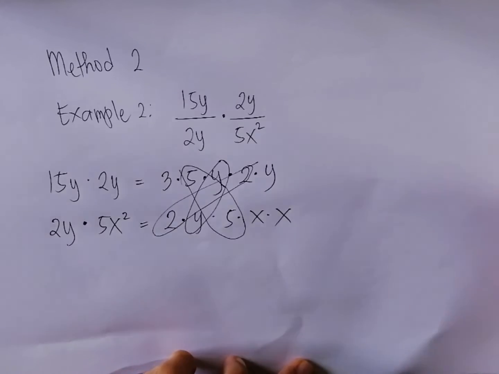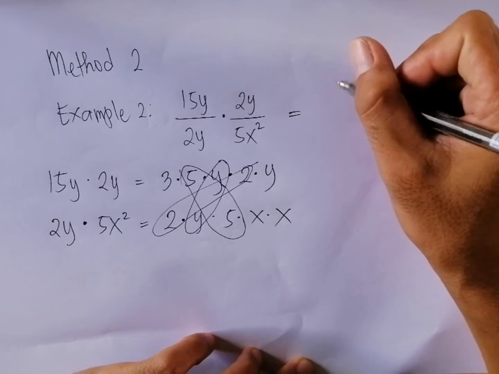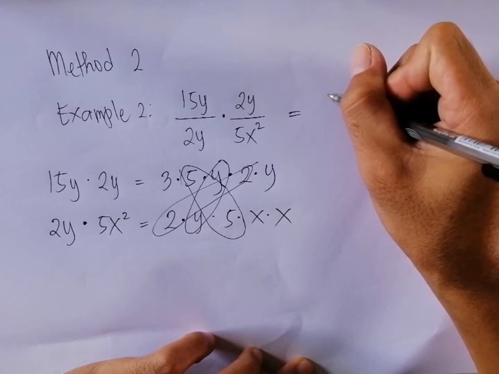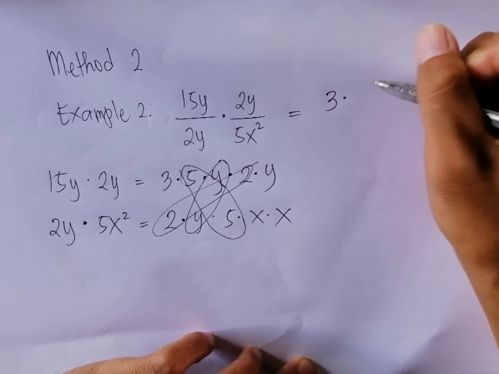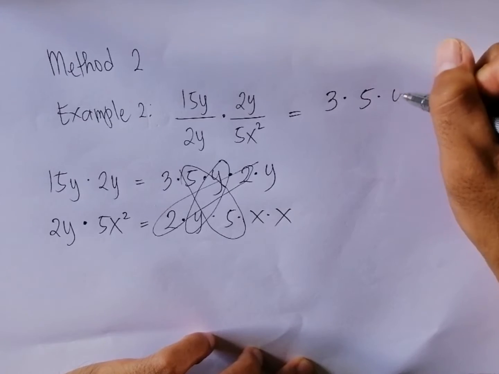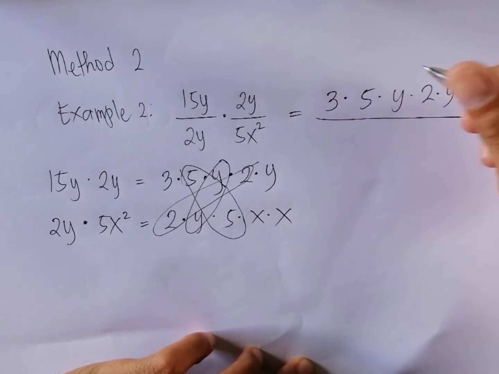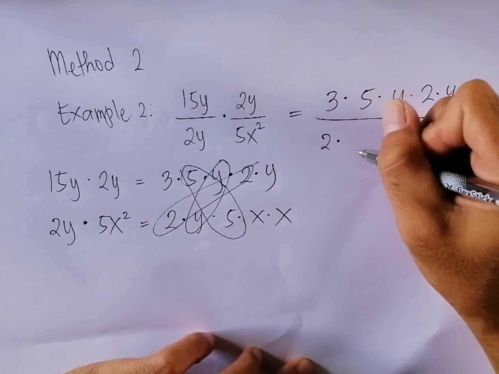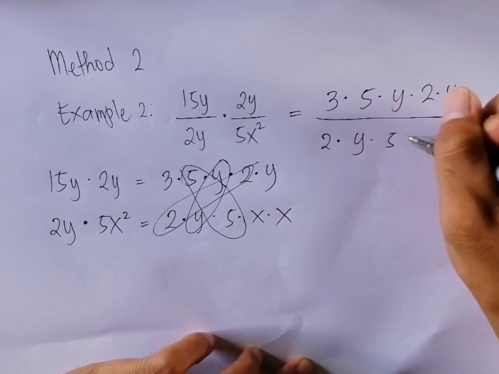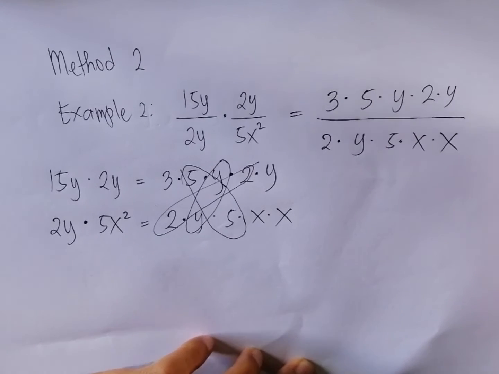So that is equal to 3 times 5 times y times 2 times y over 2 times y times 5 times x times x.